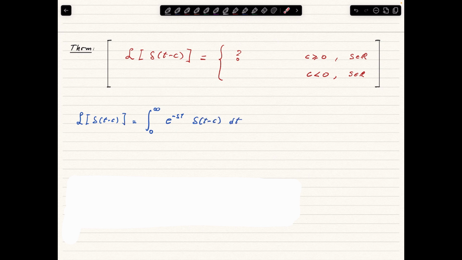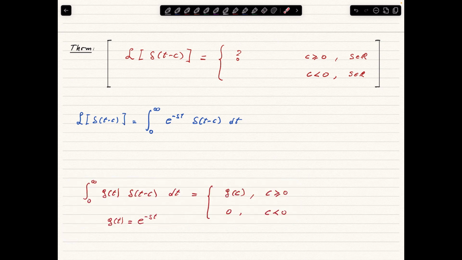But this is a particular case of what we saw before in the previous theorem. In the previous theorem we said, suppose the interval in the previous theorem is 0 to infinity, and the function f, we call it g. The previous theorem says, if the singularity is in the region of integration, then you're going to get the value of this function at the singularity point.